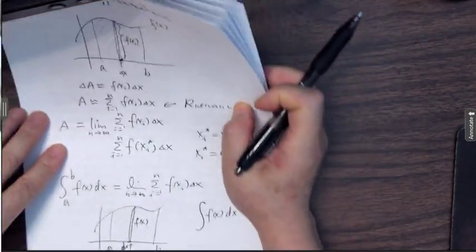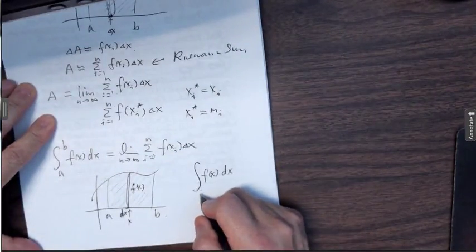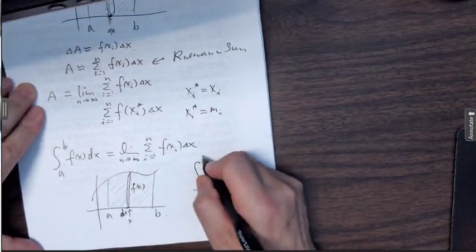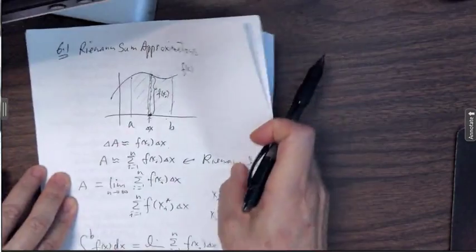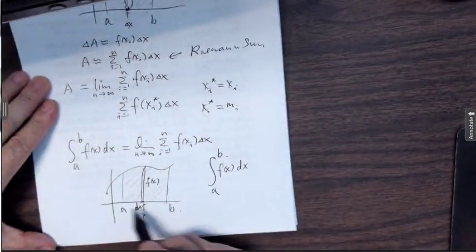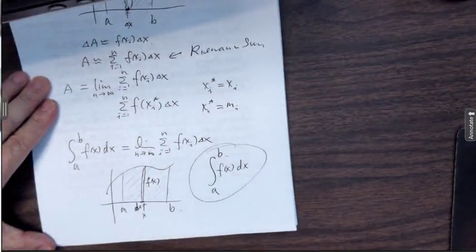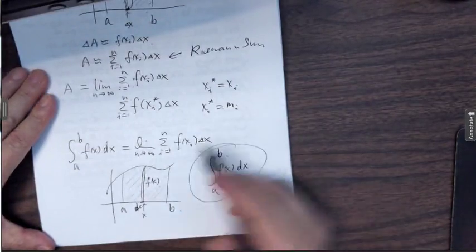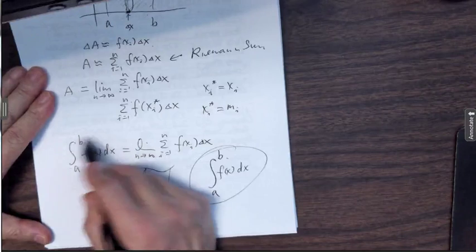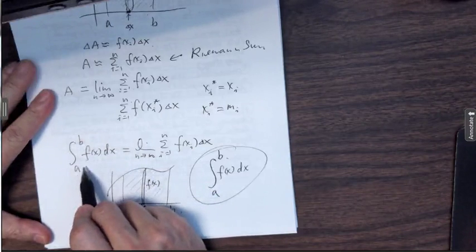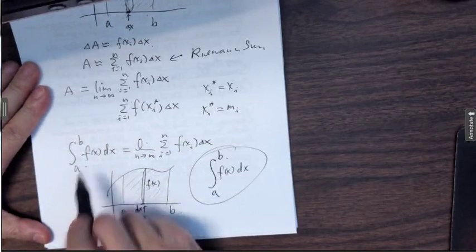We add from a to b, from the left end to the right end, like before. So naturally, we end up with this notation. It kind of makes sense. This is how we come up with this very important definite integral notation.